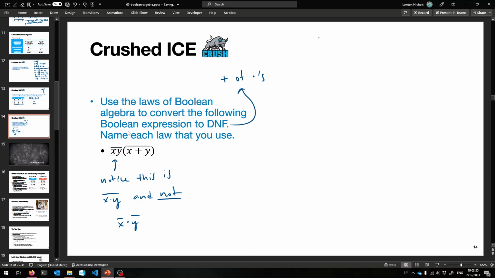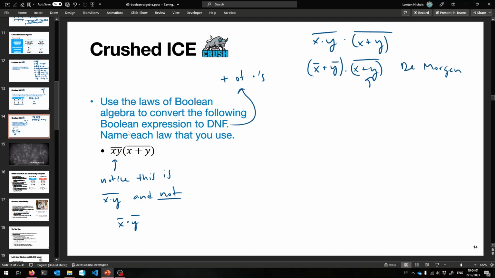So we started with x times y bar, and then we're multiplying that with x plus y bar. And so let's use a couple De Morgans to make this work. Let's do a De Morgan on this one. So that will give us x bar ORed with, or plus y bar. And then we're still multiplying with x plus y, all of that barred. All right, so that's a De Morgan.